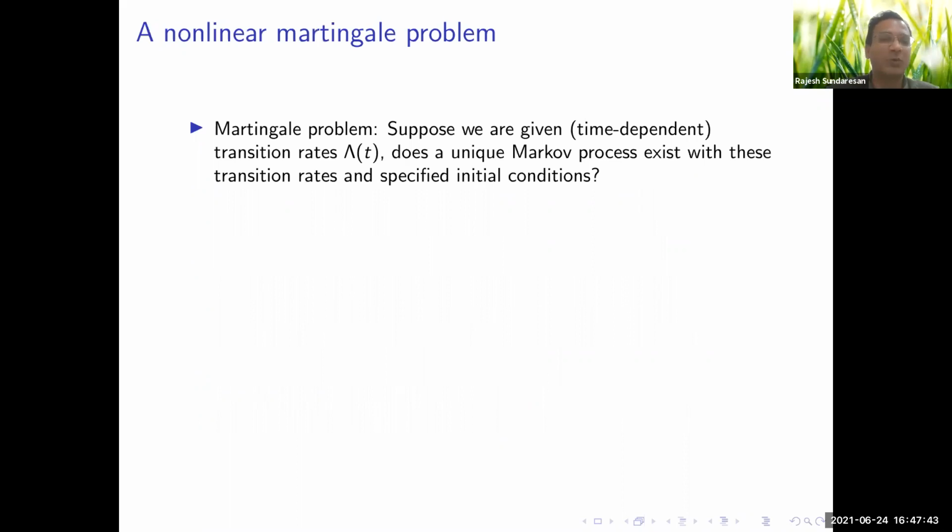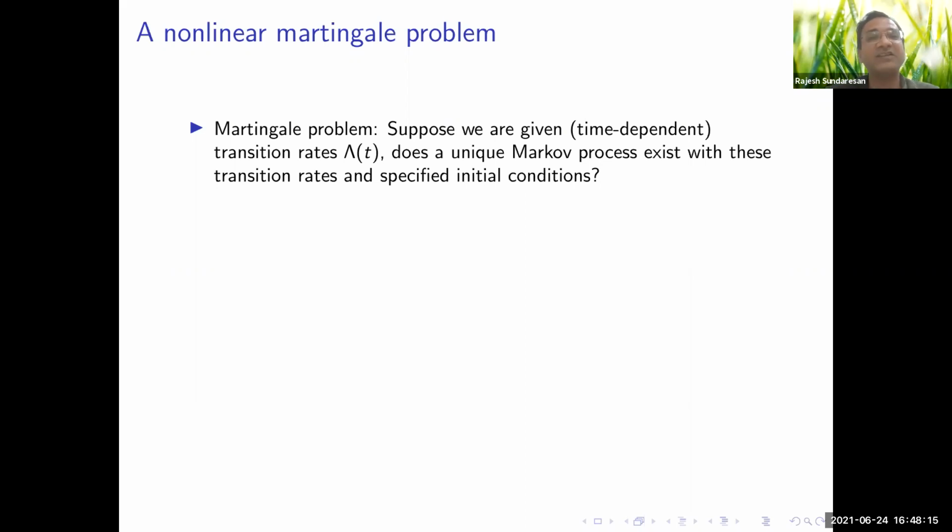Okay, before I do that, I want to make a quick connection to martingale problems and what kind of martingale problem this one is. Martingale problems are problems which give a generator, an operator that operates on functions in a certain space, and then you have an initial law and you ask for existence and uniqueness of processes that satisfy a certain martingale property.